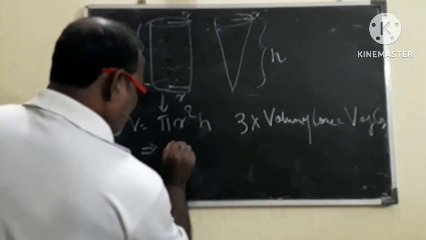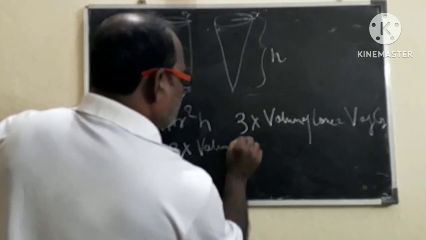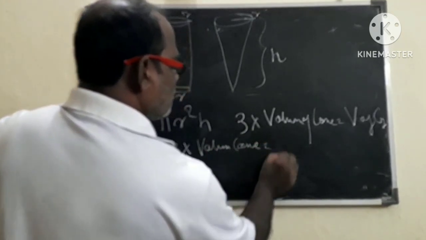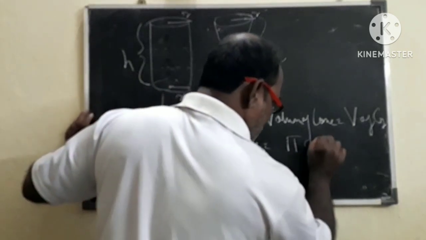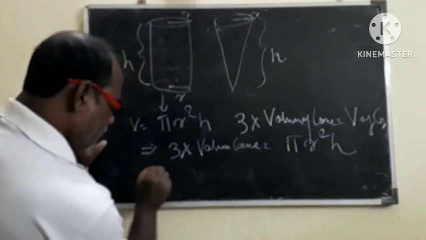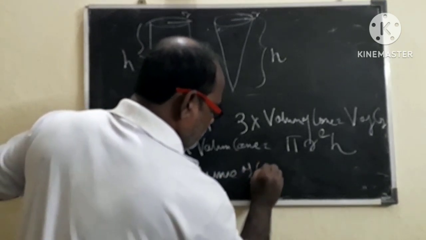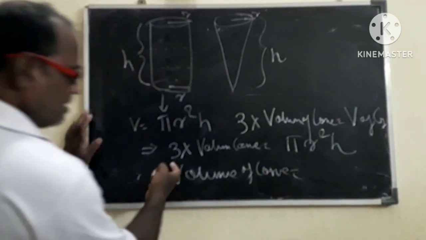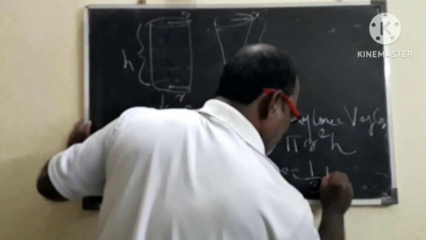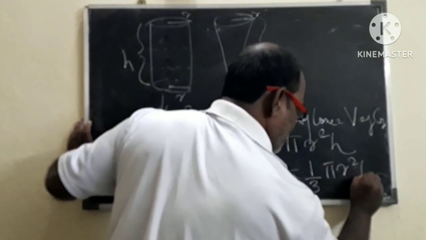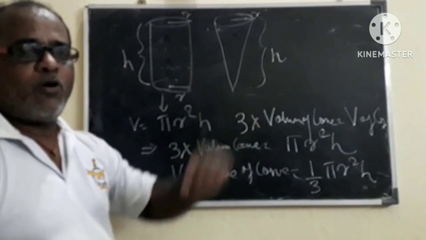That is 3 into volume of cone is equal to volume of cylinder. We know that it is pi r square h. Therefore volume of cone is equal to, bring this 3 this side, it gets divided, that is 1/3 pi r square h. So in this way we can derive the formula of volume of cone.